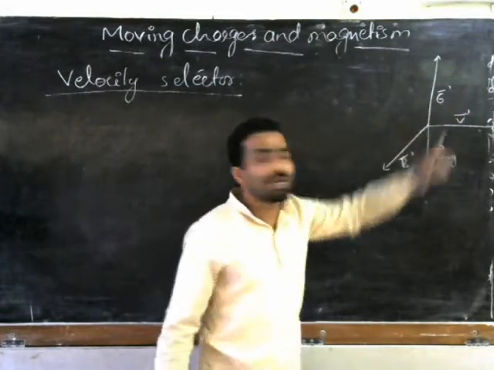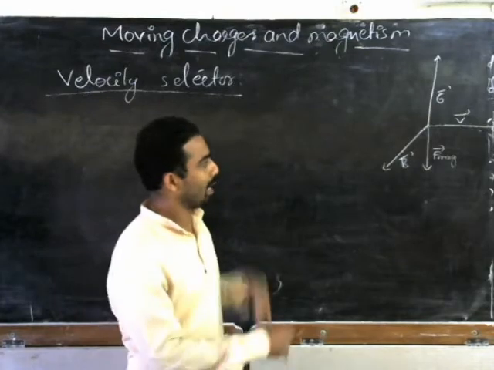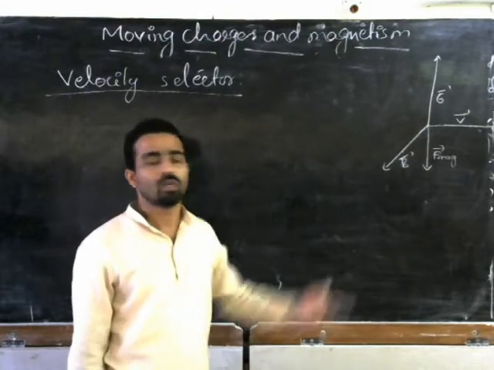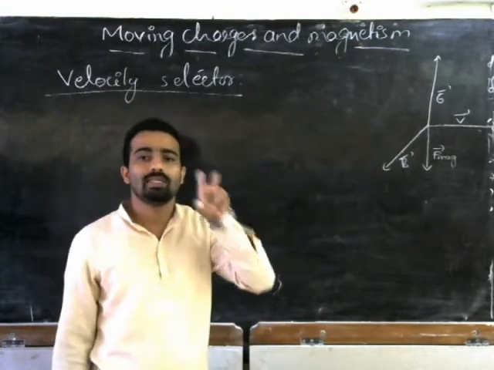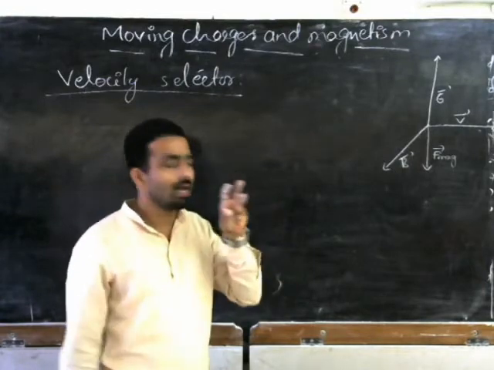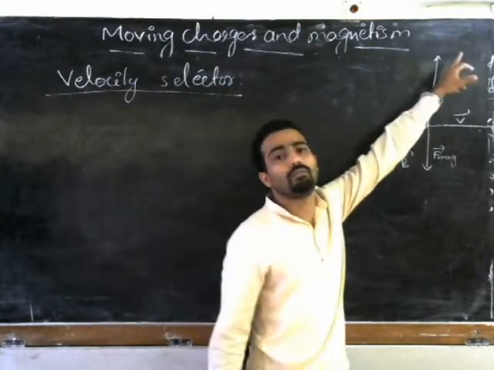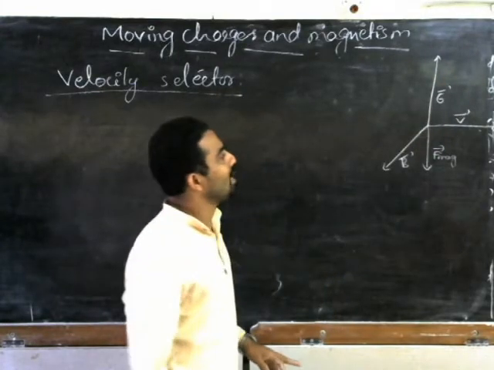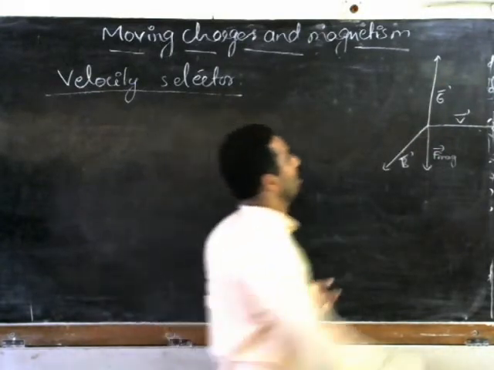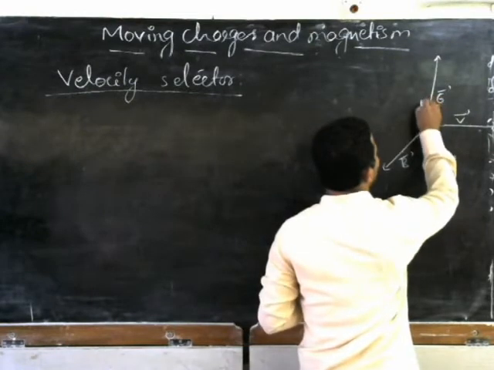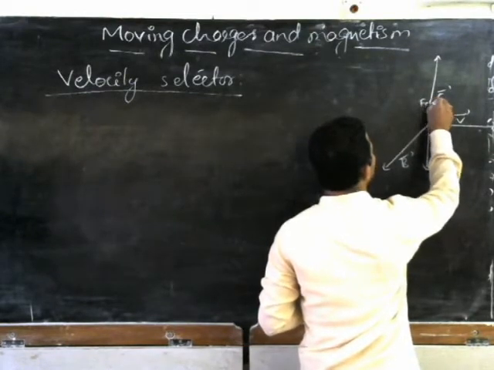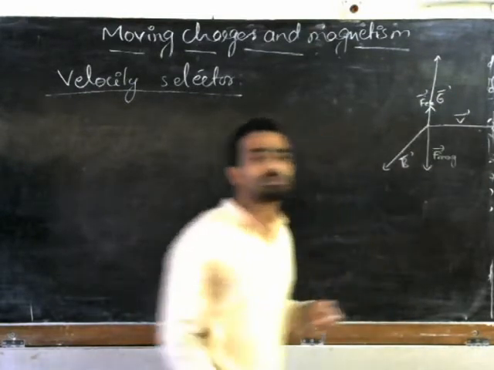And there is another field, the electric field, that is also acting upon that charged particle. The particle we have considered is a positive charge, and here it is an electric field. Then the force acting on that charged particle will be along this direction. This is the force due to the electric field.